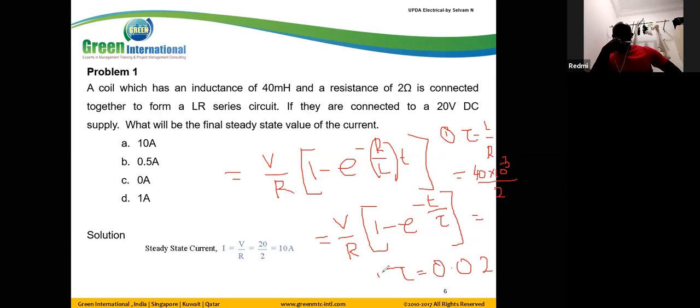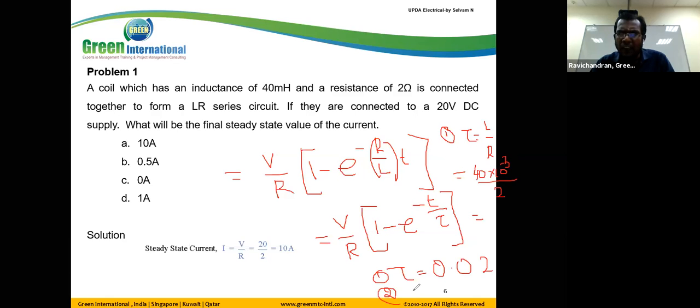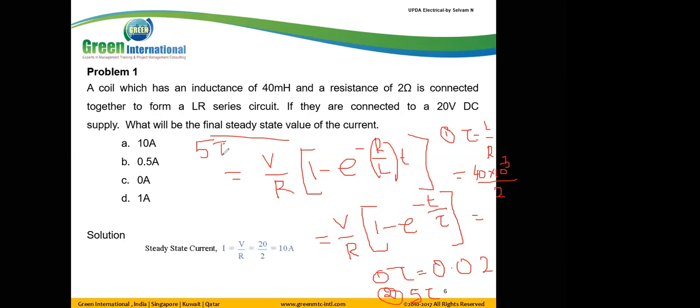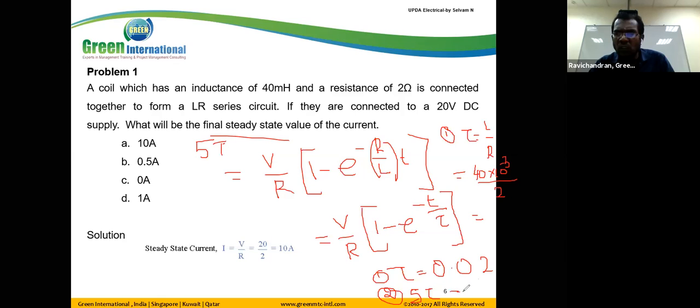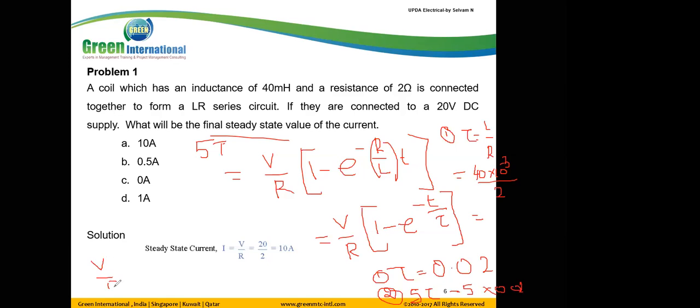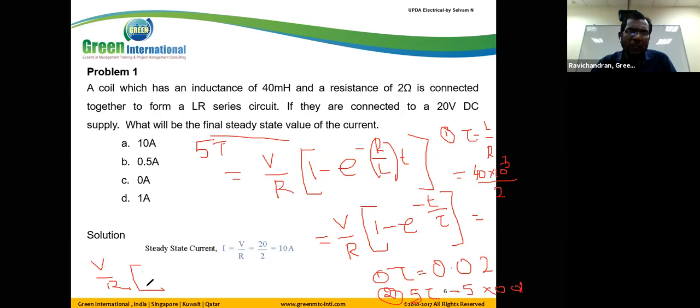Second step, because our question is the final steady state, the final steady state is 5 tau. So 5 tau is equal to 5 into 0.02. Substitute this value here: V by R times 1 minus e to the power of minus 100.